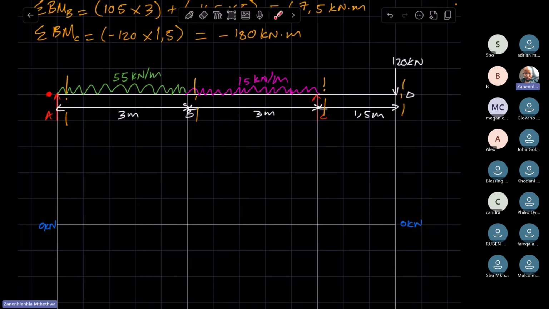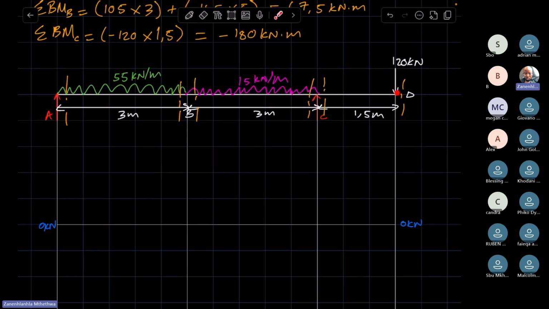Obviously there's no UDL on the immediate left of A, so there won't be a section here. You look at B, there is a UDL on the immediate left of B, therefore draw a section there. Similarly with point C, because there is a UDL on the immediate left of C, have a section there.